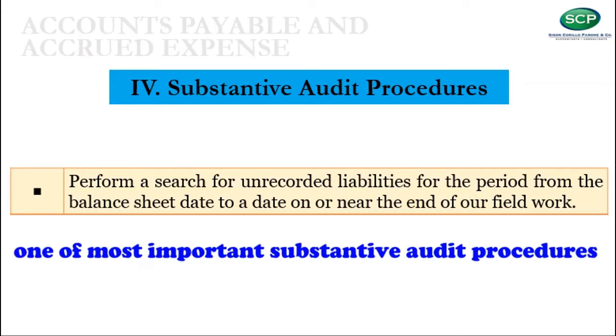This search is done by looking at the payments made by the company after the balance sheet date, examining the payment documents and related invoices for significant amounts, and then ensuring that those subsequent payments for purchases made or expenses incurred within the period under review were properly recorded as part of the accounts payable and accrued expenses schedules or ledgers as at the balance sheet date.